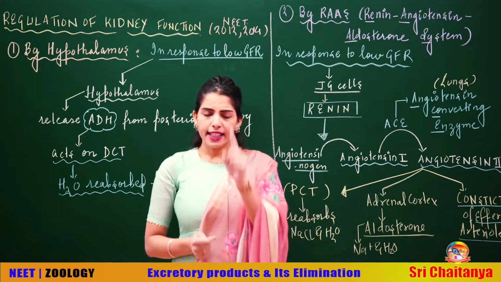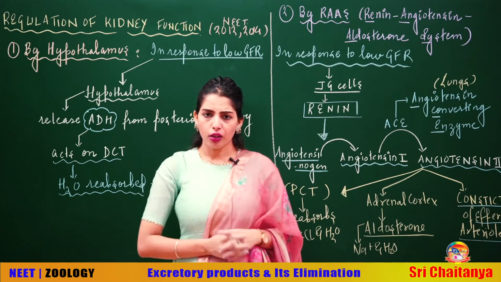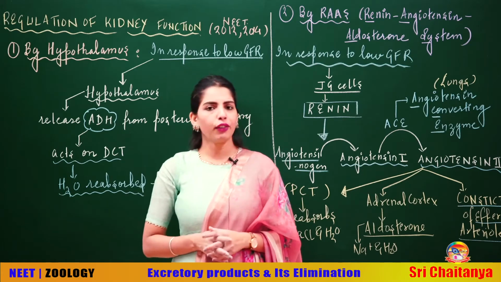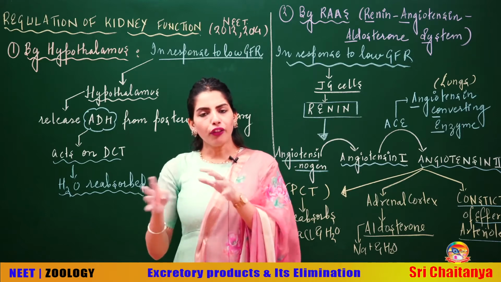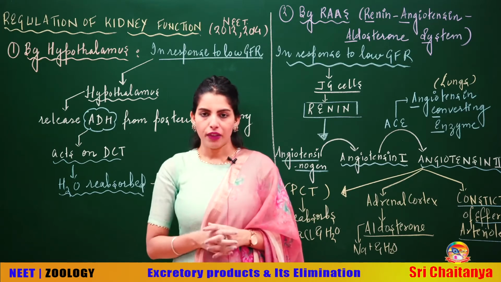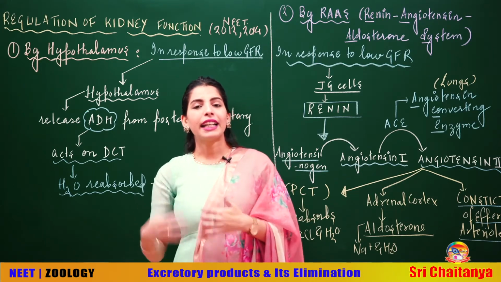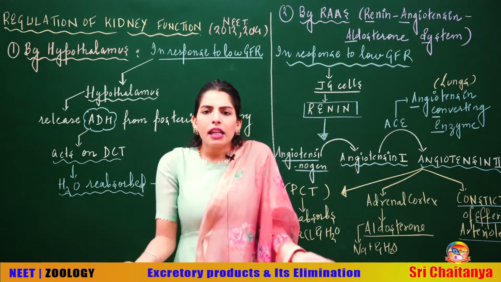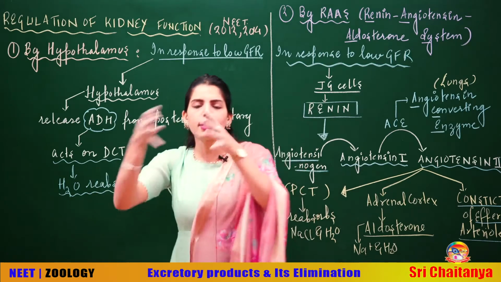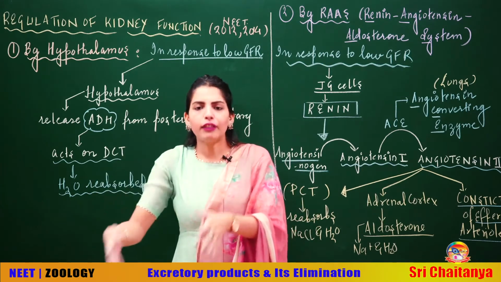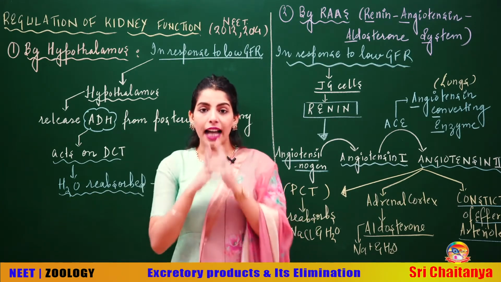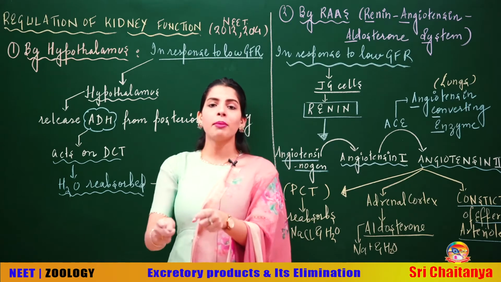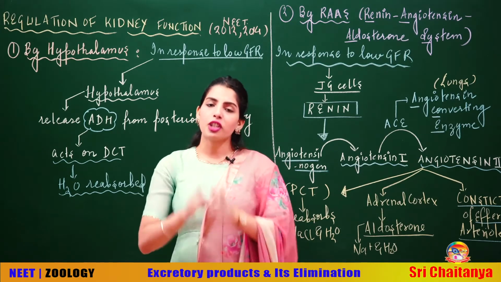Now, when you are saying that it is operating in low GFR, why is this low GFR there? We said that whenever the GFR is low, that means the amount of filtrate formed is low, right? Why is the amount of filtrate less? Because maybe the amount of blood that was coming and undergoing ultrafiltration is less.